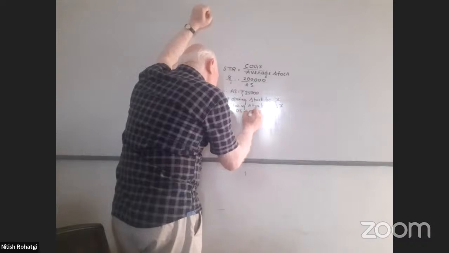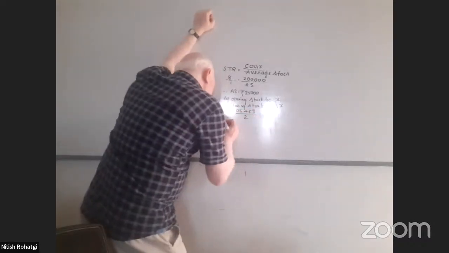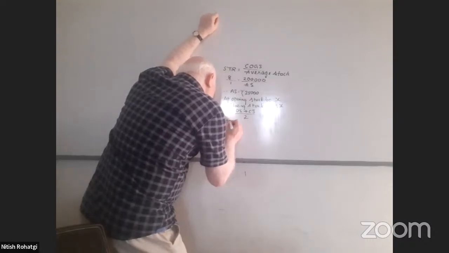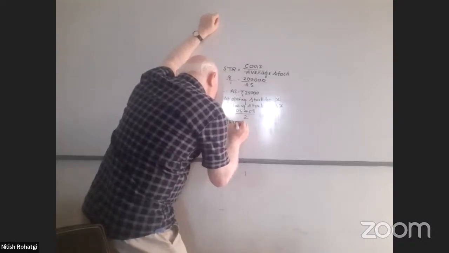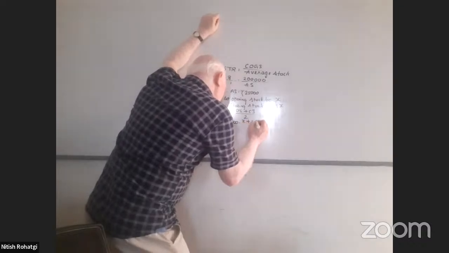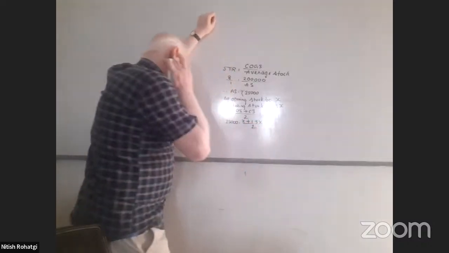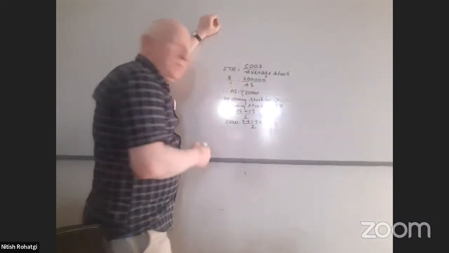Now, average stock is equal to opening stock plus closing stock by 2. We have average stock as 25,000, opening stock as X plus 1.5x, divided by 2.